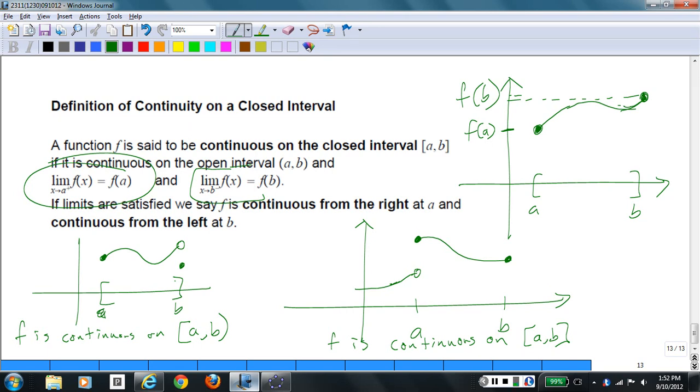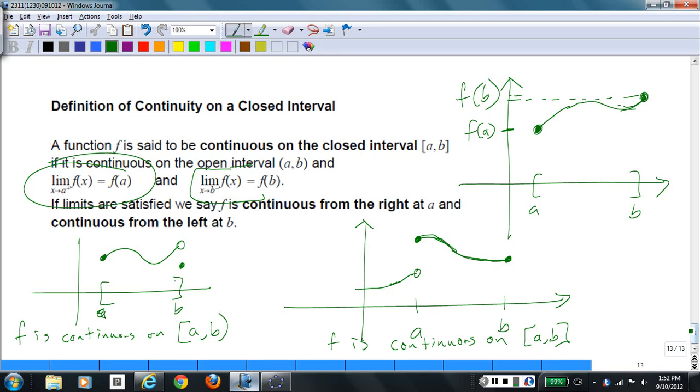It fails to be continuous at A, but it's continuous on the closed interval that contains A as its left endpoint, because it's continuous from the right at A, and it's continuous from the left at B, and it's continuous on the open interval in between, because you can get from A to B without picking up the marker. So it is continuous on the closed interval, even though it fails to be continuous at one of the endpoints.